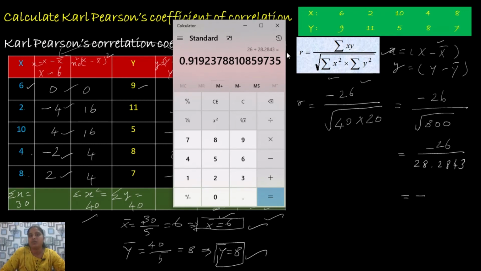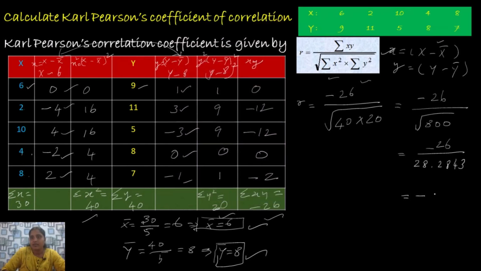We have to take up to 3 decimal places. So 0.919, minus 0.919. This is the value of R. So the coefficient of correlation between the two variables x and y is R is equal to minus 0.919.